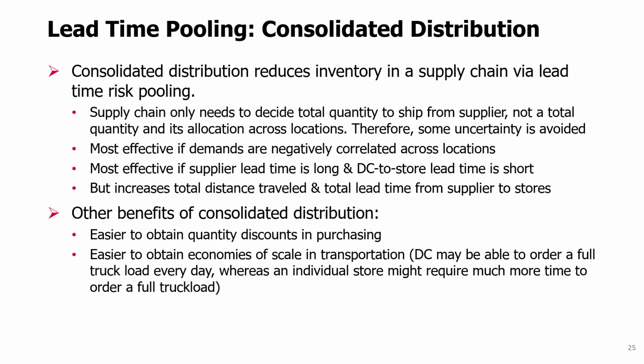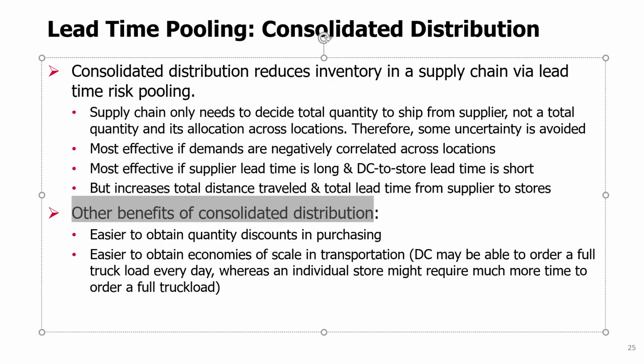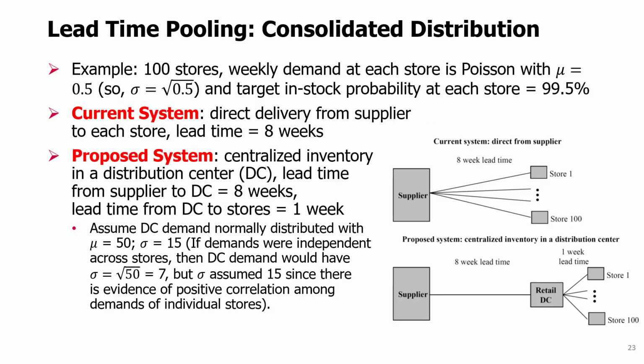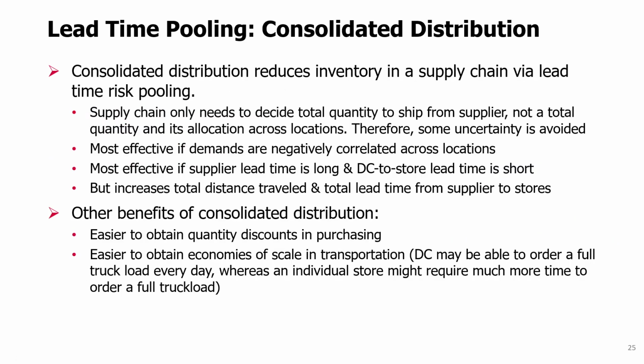There are other benefits that you can have from consolidated distribution. One is you can obtain quantity discounts when you purchase, right? Going back to this example, if all the stores here order separately from the supplier, they may appear like small customers, whereas here the DC will make a large request and that may get some discounts or some better power in negotiating the price.